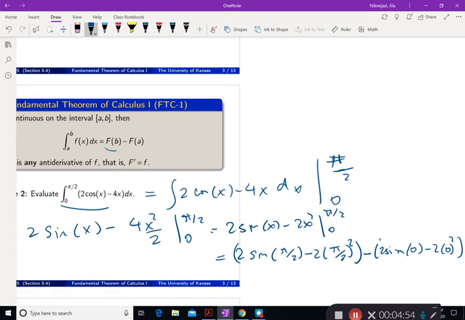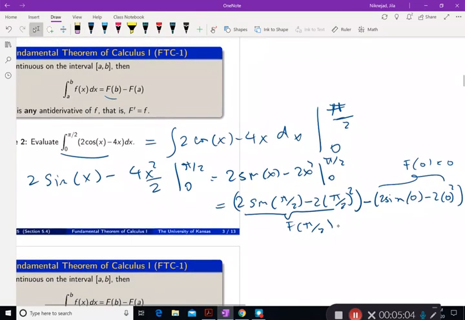So this part, F of 0, is going to be 0. This is capital F at pi half, and that is going to be the answer, which is 2 sine of pi half, which is 2, minus 2 times pi squared over 4, which is pi squared over 2.